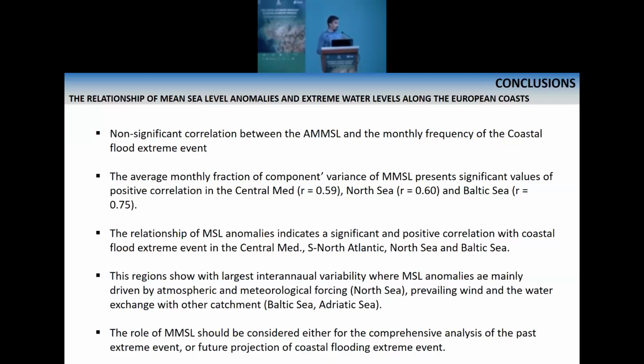These regions are those that have the largest interannual variability, as we showed at the beginning, indicating that the role of the monthly mean sea level should be considered in future work to analyze climate change projections or to understand past events in the last decade.